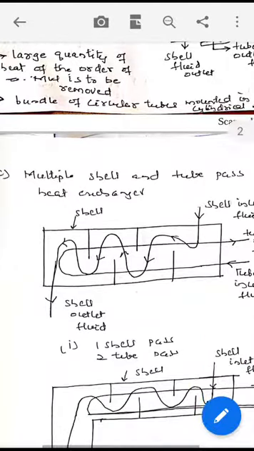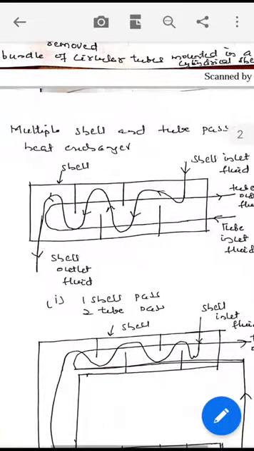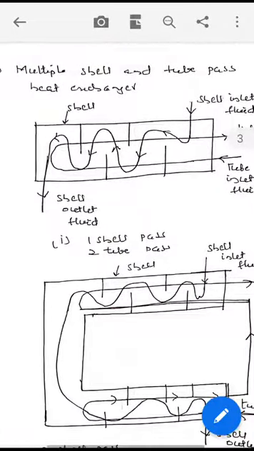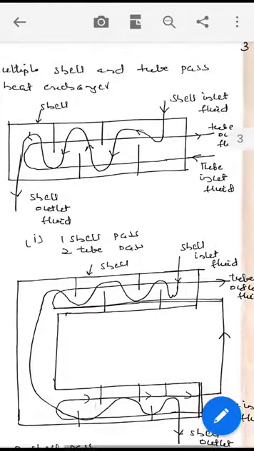Then we have multiple shell and tube pass heat exchangers. To increase the surface area of heat exchanger or contact period between the hot and cold fluids, multiple shell and tube pass heat exchangers are used. In figure 1 shown is a multiple tube pass, where the tube fluid will make two passes before leaving the heat exchanger.